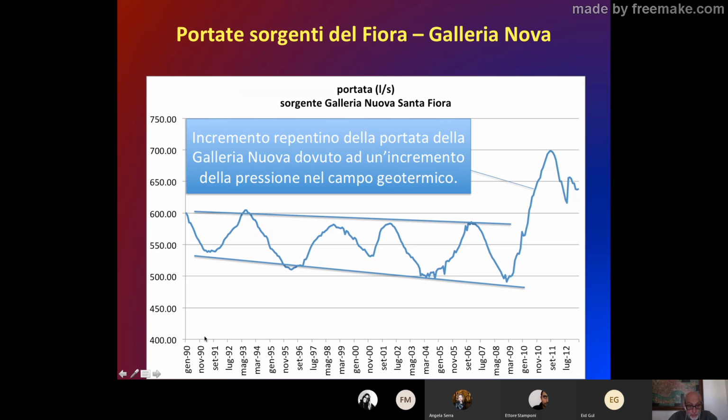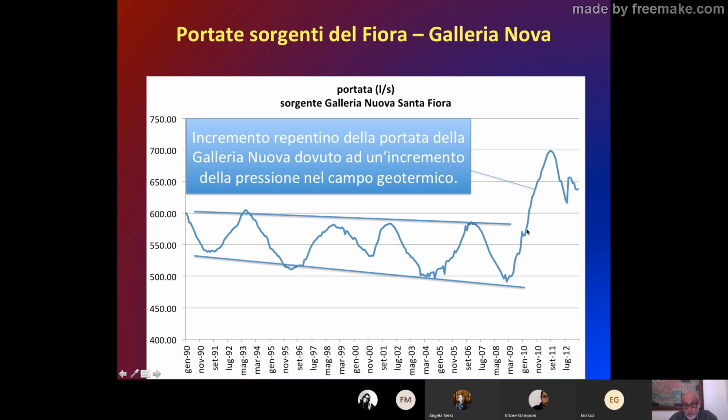And you can see that from January 1990, the flow rate was between 550 and 600 liters per second, with a little bit of oscillation that sometimes reflects the oscillation of winter rainfall and summer droughts.